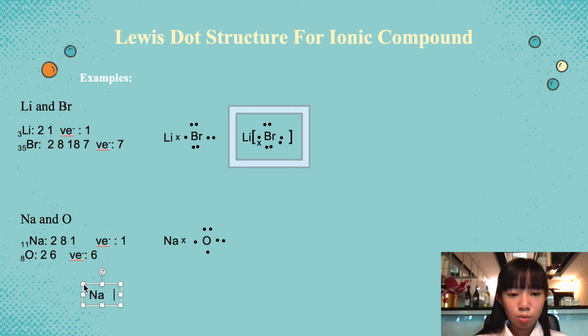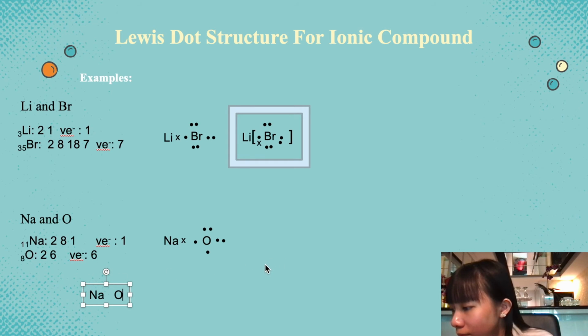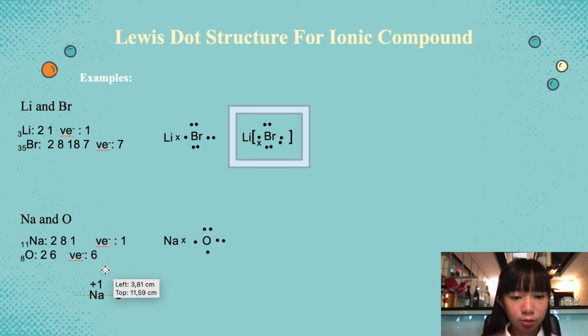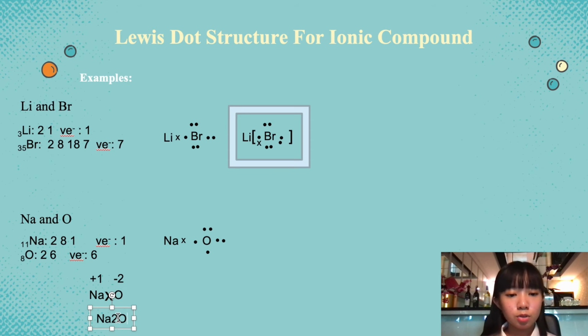Na and O. Sodium needs to give out 1 electron, which makes sodium plus 1, while oxygen needs to receive 2 more. So oxygen is minus 2. So this will become Na2O1, but we don't need to write the 1.